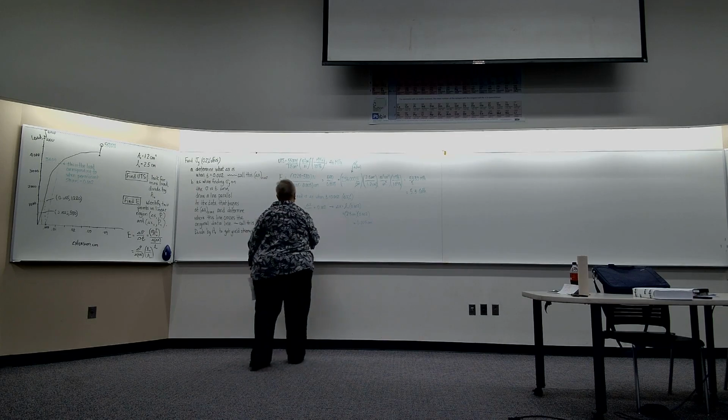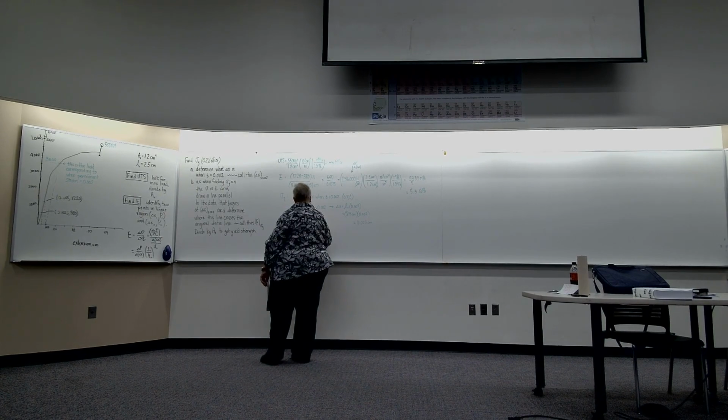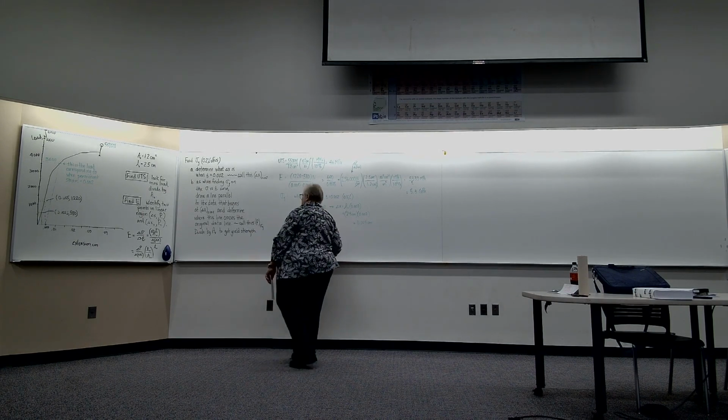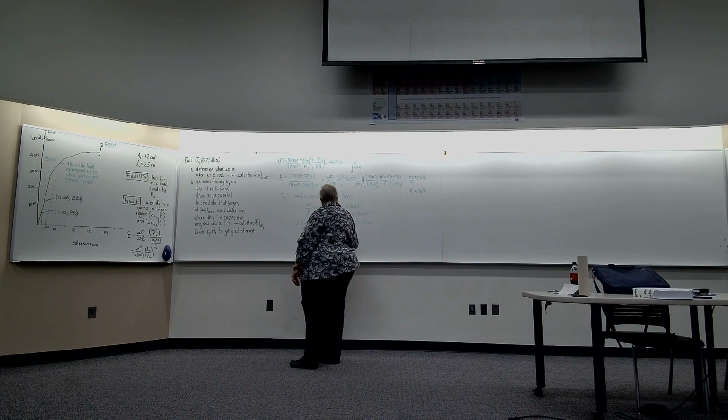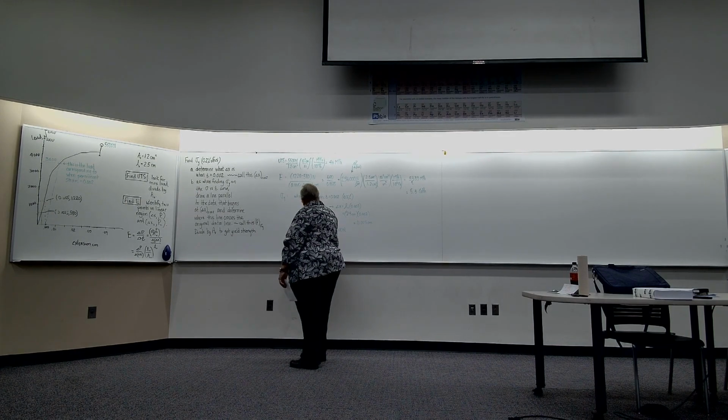Okay, so we drew the line. At load equal 3,600 newtons. So that means that the yield strength is that yield load of 3,600 newtons divided by the original cross-sectional area, 1.2 centimeters squared.